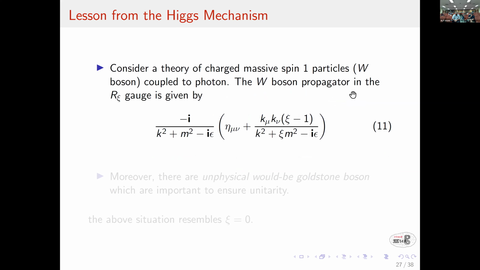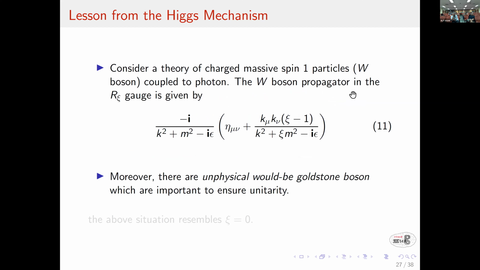Okay, so here we go back to something which we understand very well. We take the theory of a charged massive spin 1 particle. The W boson propagator in the R_xi gauge takes this form, right? And you know very well how it happens in this case. Firstly, there is an unphysical would-be Goldstone boson, which is extremely important to restore unitarity for the Higgs mechanism.